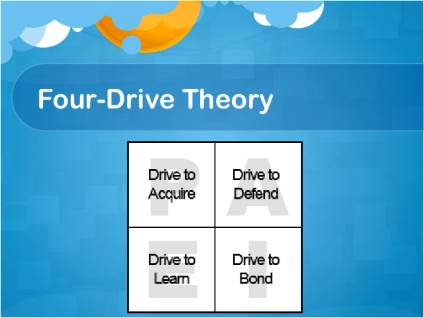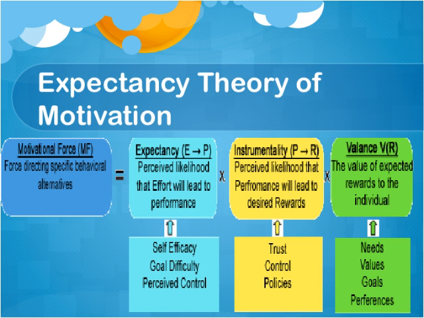Drive to learn: this is the drive to satisfy a curiosity to know and understand ourselves and the environment around us. Drive to defend: this is the drive to protect ourselves physically and socially. This is probably the first drive to develop. It creates a fight or flight response in the face of danger.